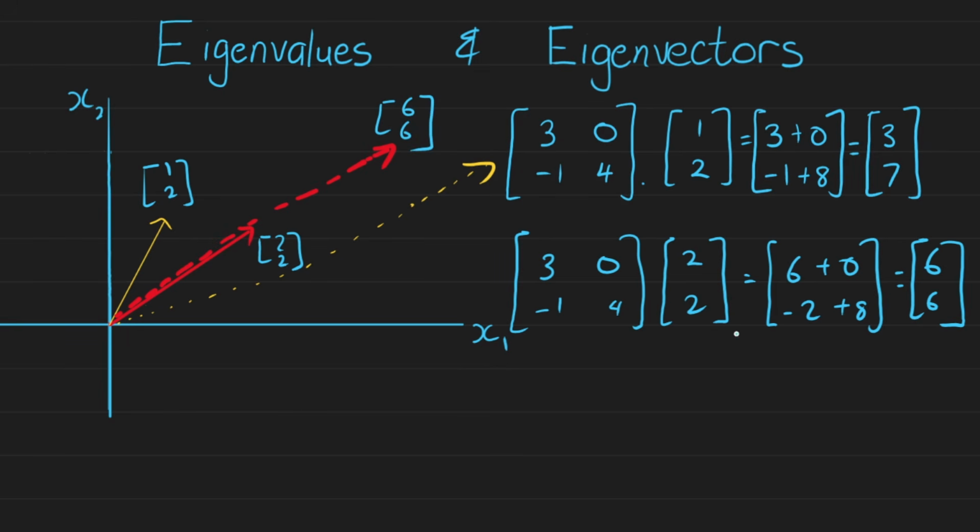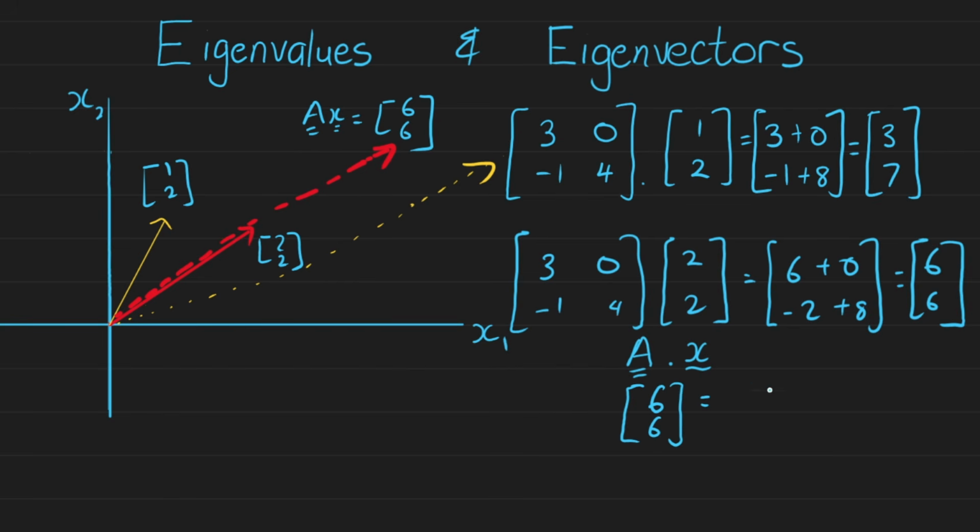Let me write what we've done in terms of notation. We have this vector 2, 2, which we can call x with a bar underneath, and then we've multiplied it by a matrix A and performed a transformation on this vector. So A times x is equal to 6, 6.